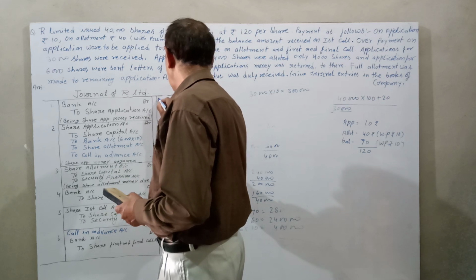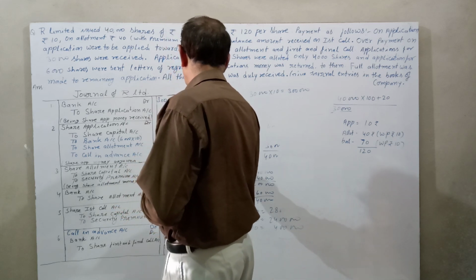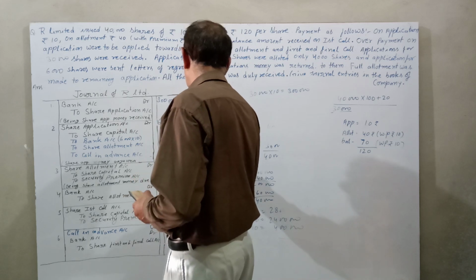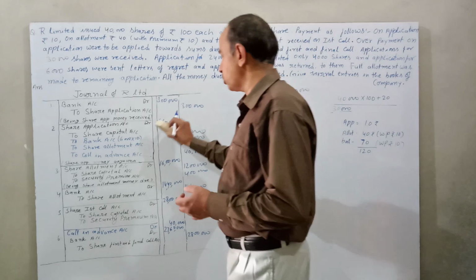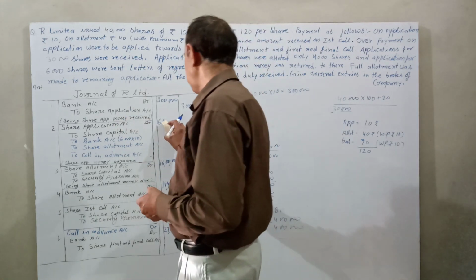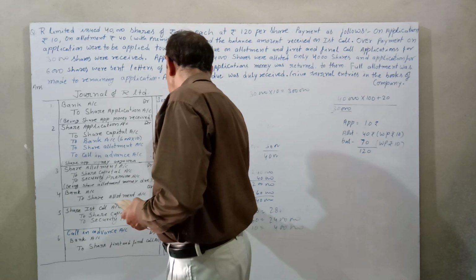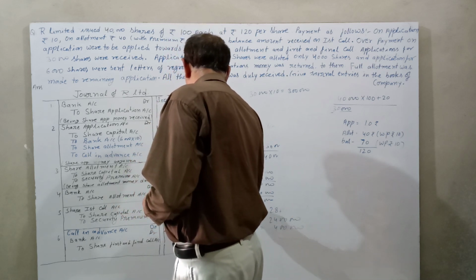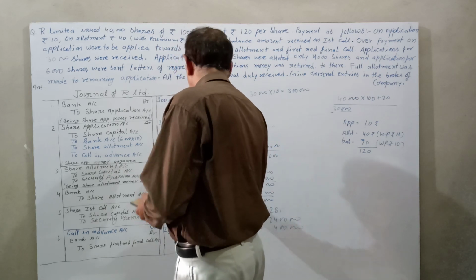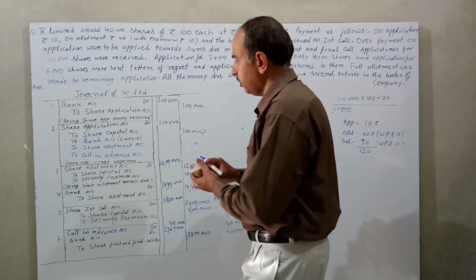So the amount is 3 lakh. And the second entry: 3 lakh is transferred from share application to share capital, and the amount is 3 lakh. All the amount is transferred to share capital.